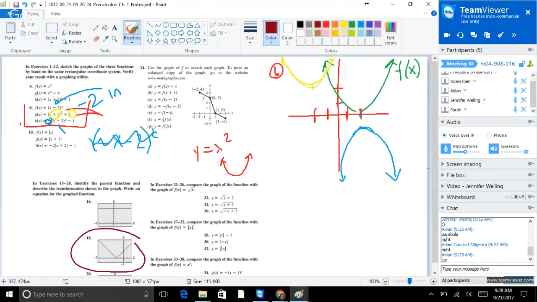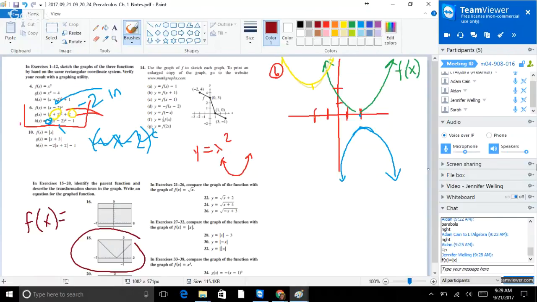So just looking at 18, what is the parent function for this? What's the function that this is based off of? Jennifer says absolute value function.